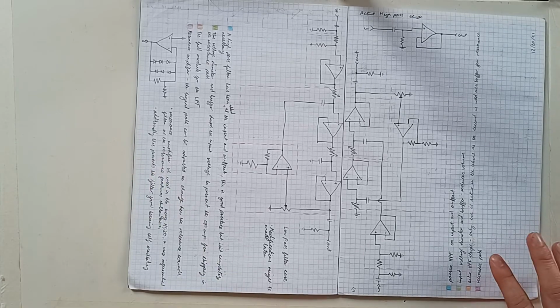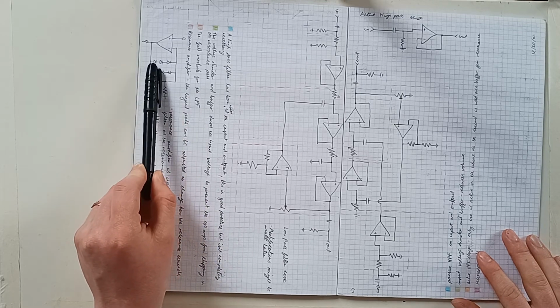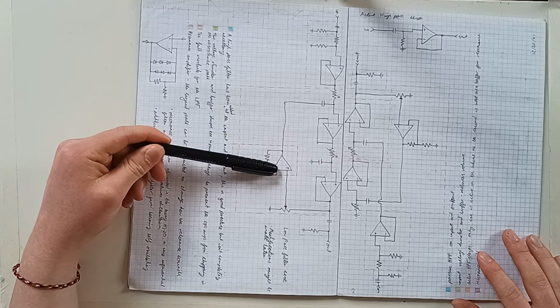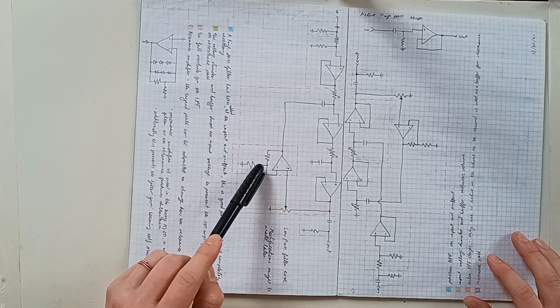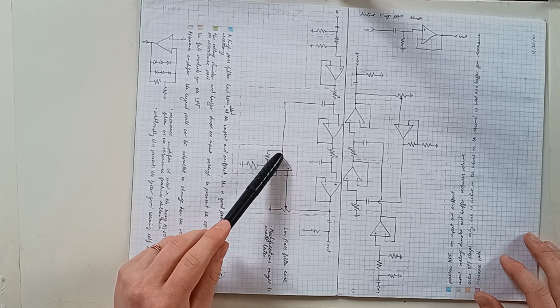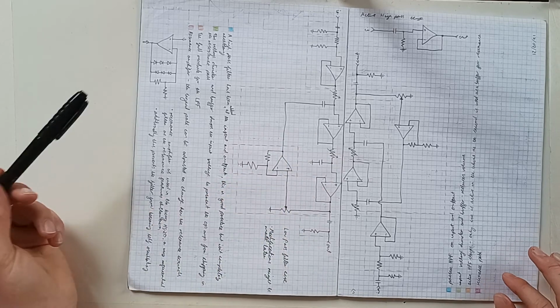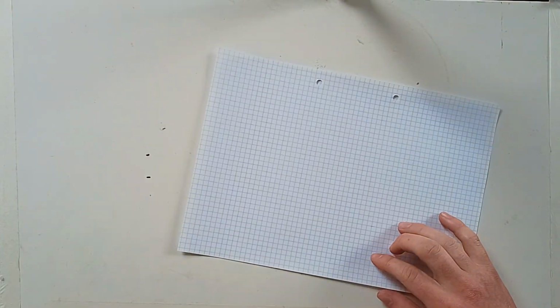So Korg got around this by placing a set of clipping diodes in this part of the amplifier for the resonance, and that would limit the actual volume or amplitude of the resonance coming back into the signal. I'll just draw this out quickly.